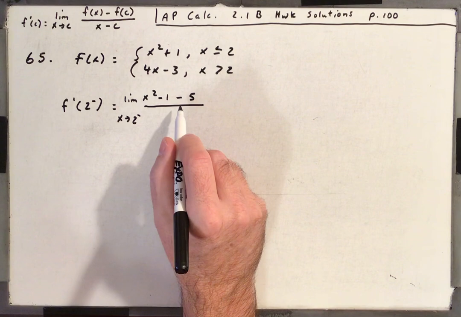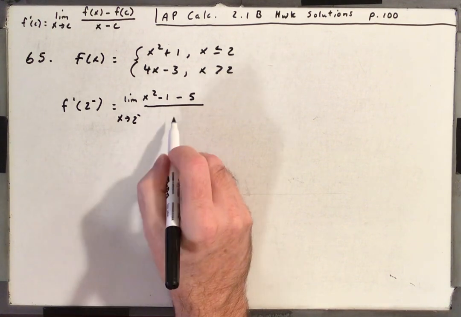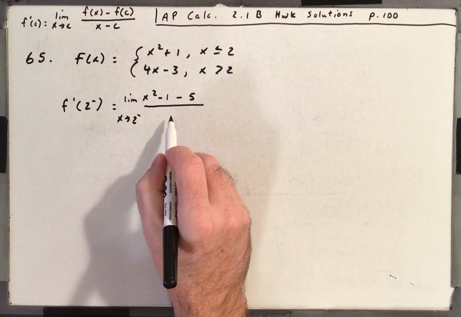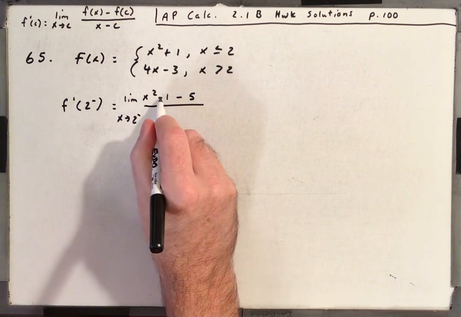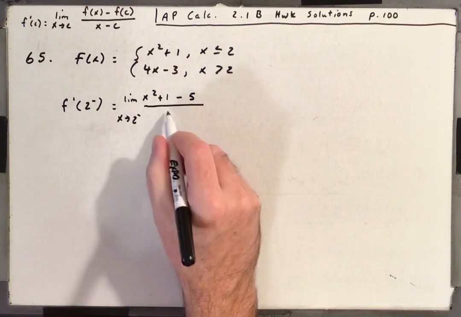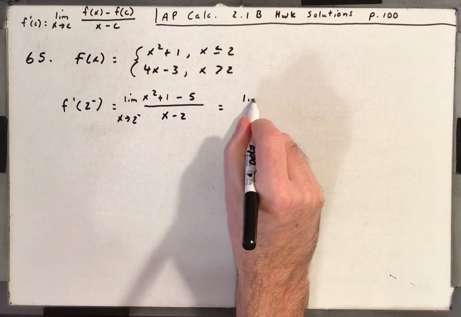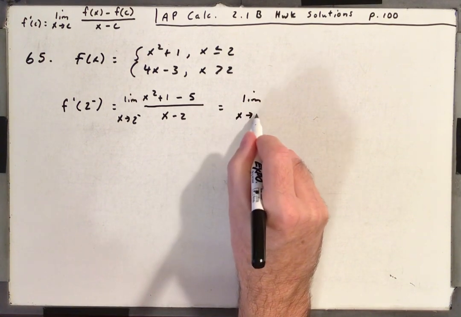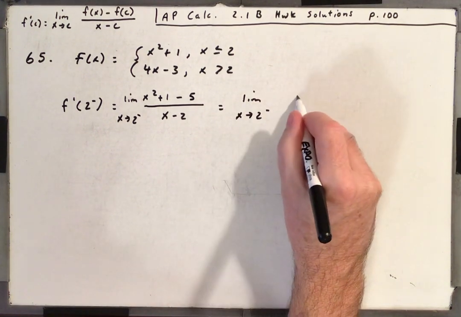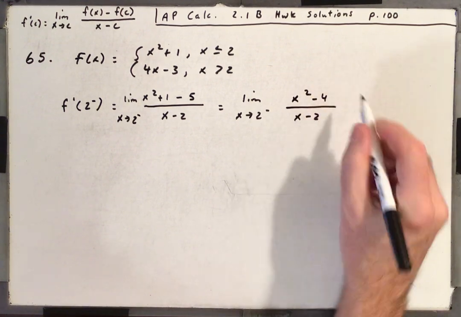Let's see, did I skip 64? No, I didn't skip 64, I'm sorry. Over x minus 2, sorry about that, f of x, x squared plus 1 minus 5, over x minus 2. So that's the limit as x approaches 2 from the left of x squared minus 4 over x minus 2.